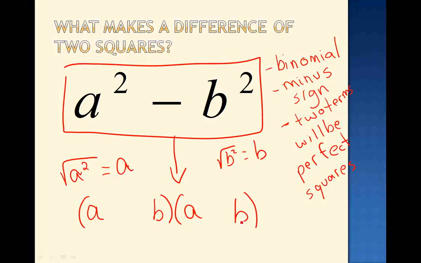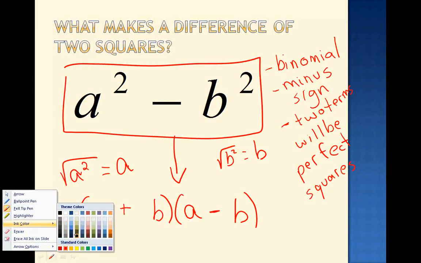And very particularly to differences of two squares, one sign is a plus sign and one sign is a minus sign. Now no, it doesn't matter which one is plus and which one is minus as long as you have one of each.